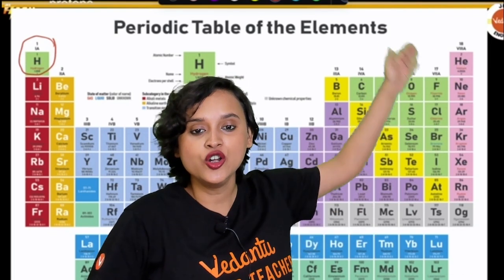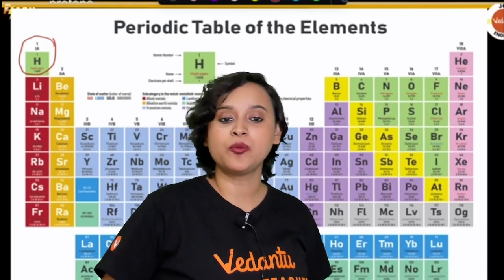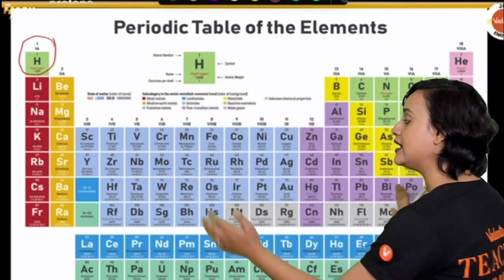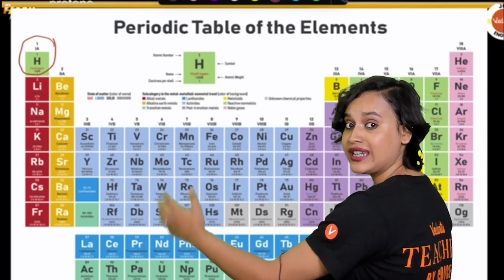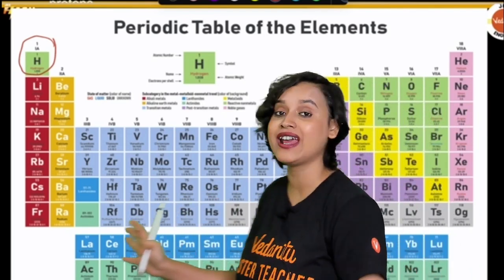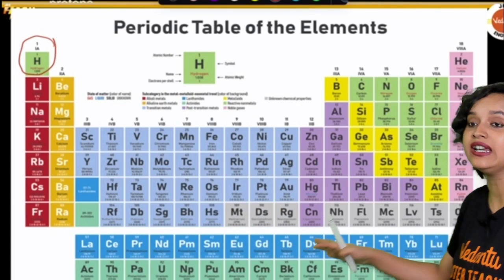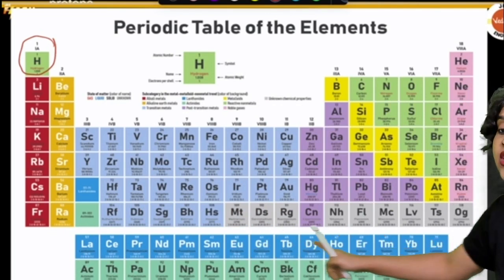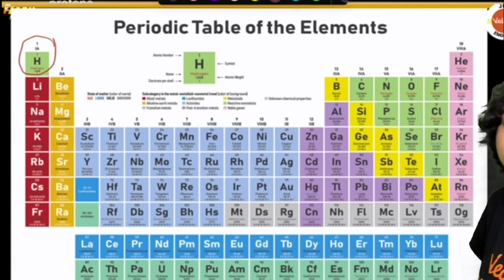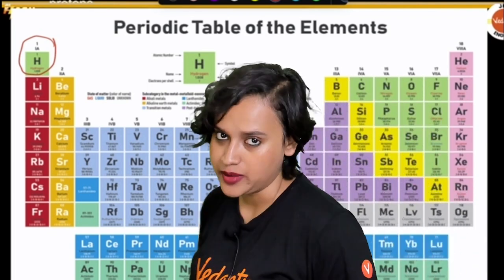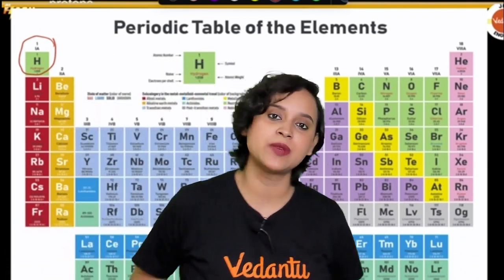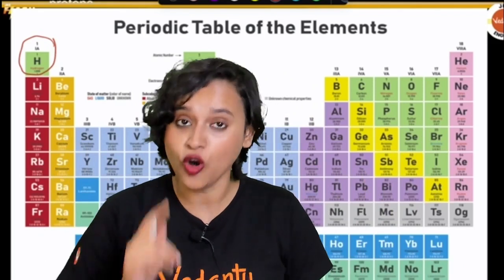This includes your noble gases, right? So they are your P block. And the D orbital can hold 10 electrons, so here there are 10 groups, everybody. And finally the F orbital holds 14 electrons, and if you count, you will have 14 elements here. Okay, all right everybody, so this is the basic gist of the periodic table.